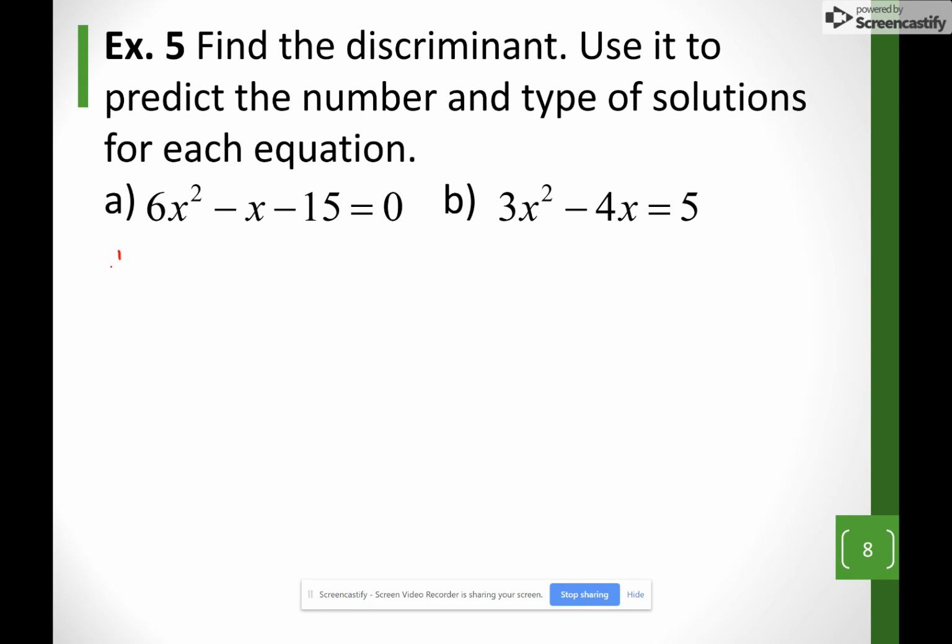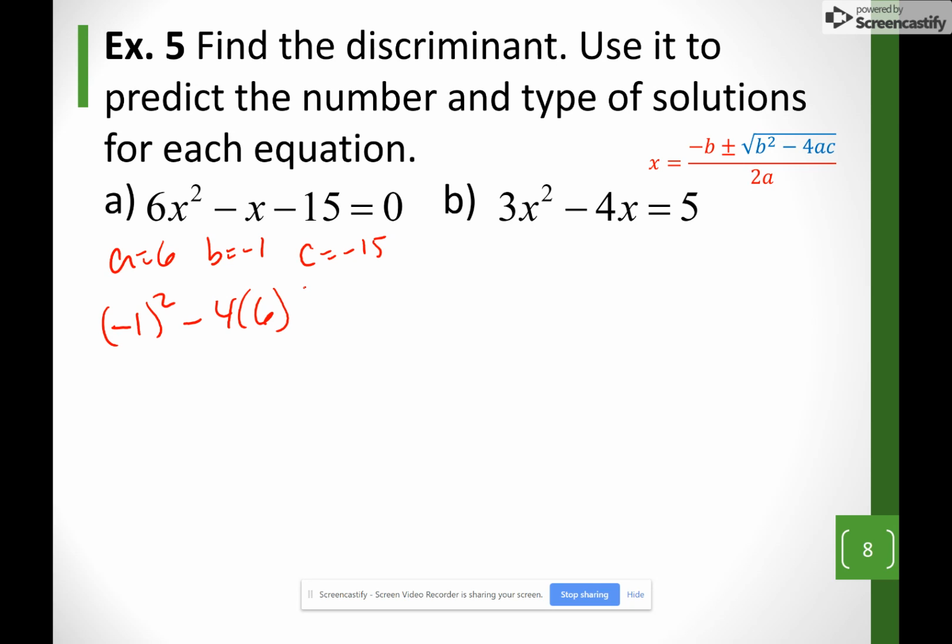So again, my A is 6, my B is -1, and my C is -15. So I'm looking at -1 squared minus 4 times 6 times -15. All this is going to be inside the square root.